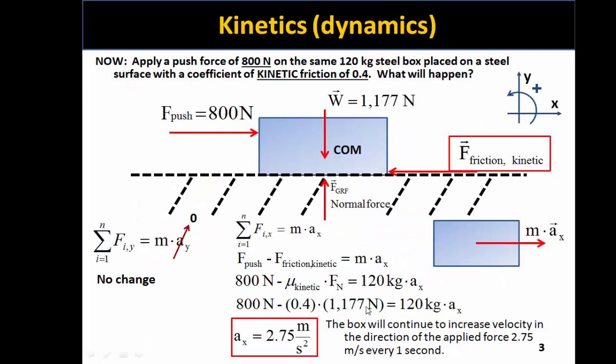This is a repeat of a previous problem we covered, and there's a lot going on with this slide, but please refer to the previous lecture when carrying out a dynamic analysis.